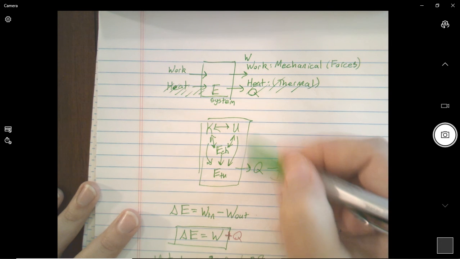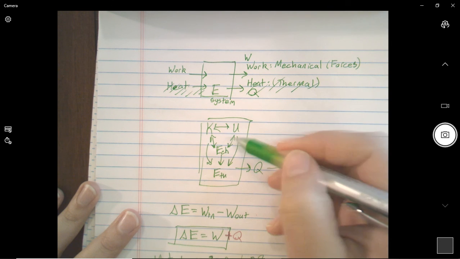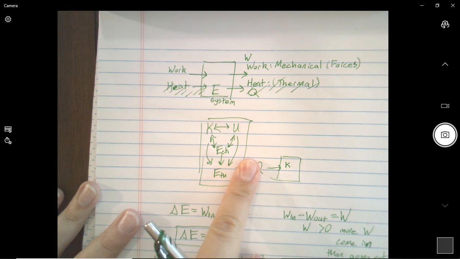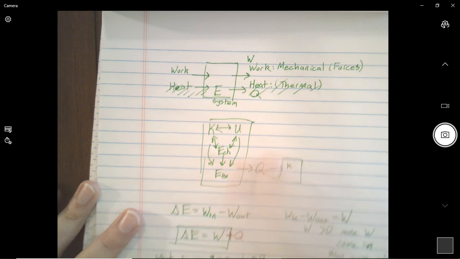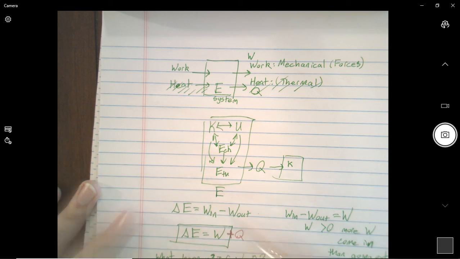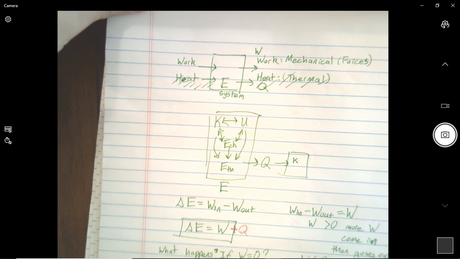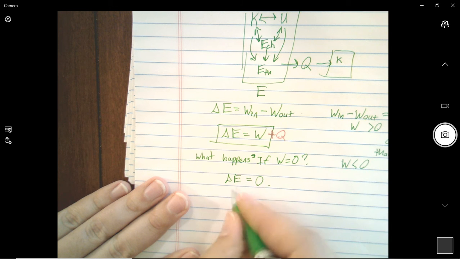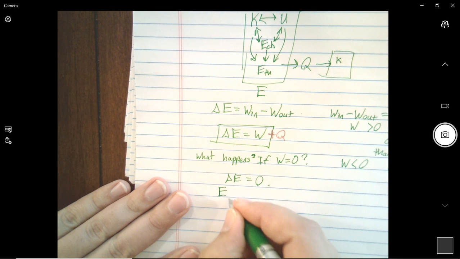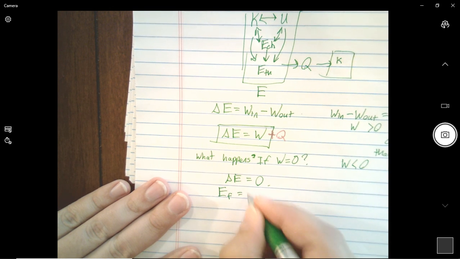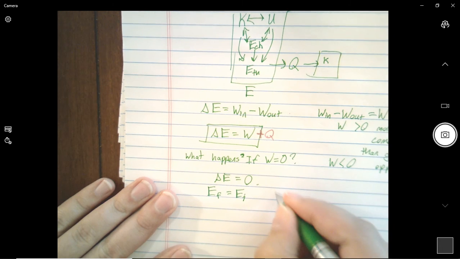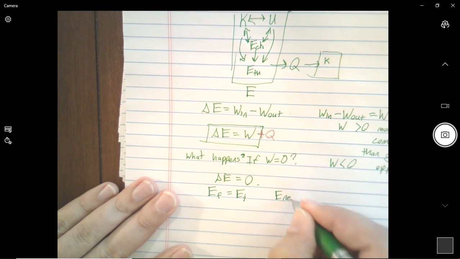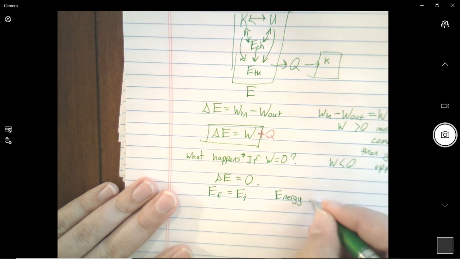So that means when you're looking at all of these transformations of energy, they go back and forth between one another, but the total energy of our whole system doesn't change. The total energy at the beginning is equal to the total energy at the end, and we say energy is conserved.